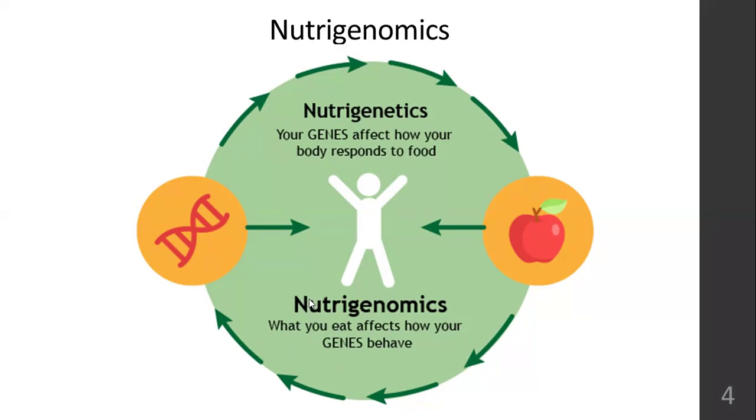For example, if I am having a diet that is high in fertilizers and pesticides, I am not washing my fruits and vegetables properly, I'm having mostly raw or uncooked food, will that impact the diseases that I may get in the future? Will that impact?